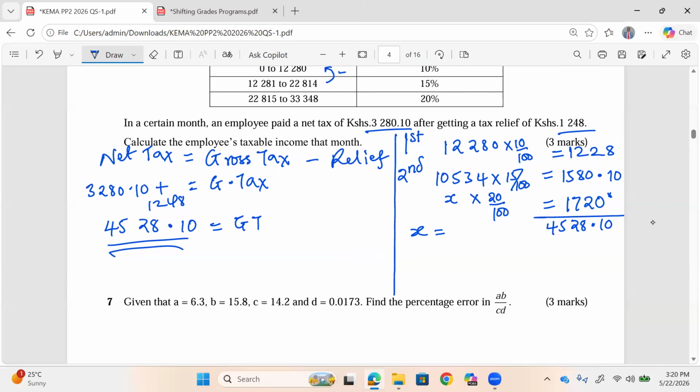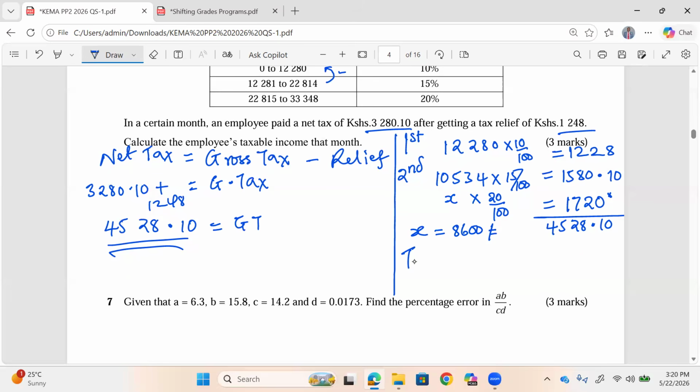This becomes 8600 Kenya shillings. So when we tax 8600 at the rate of 20%, we will get 1720, such that adding up all the taxes, we'll get 4528.